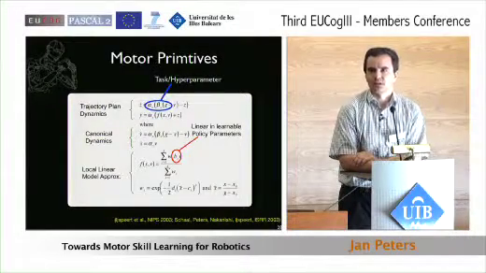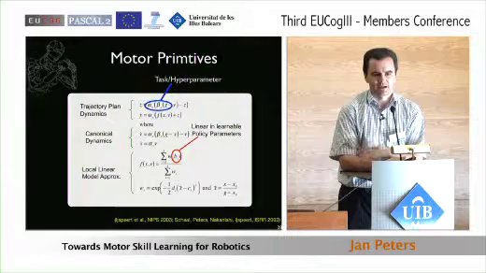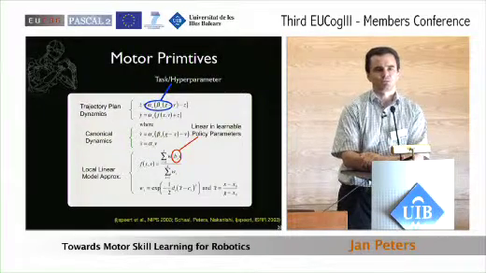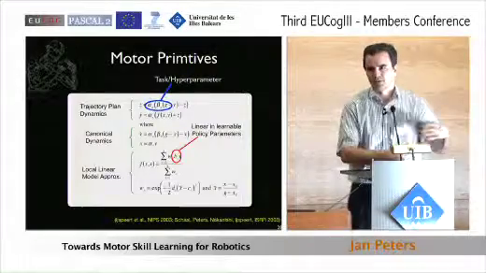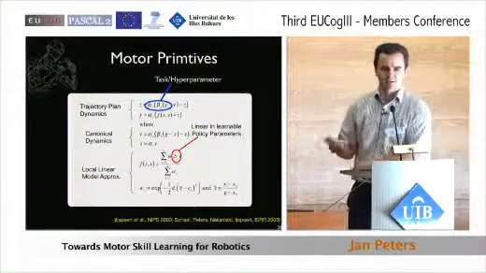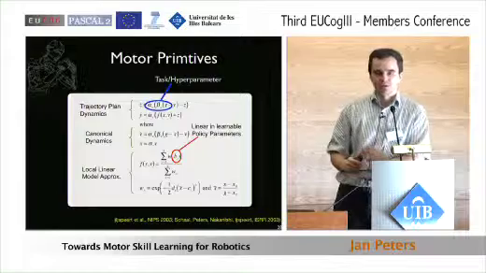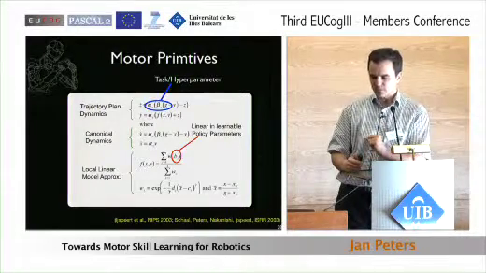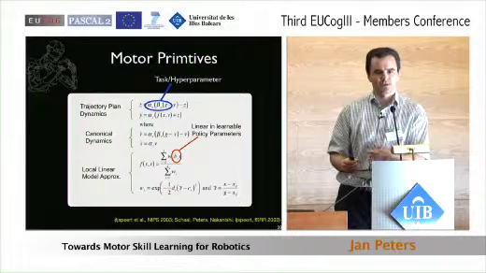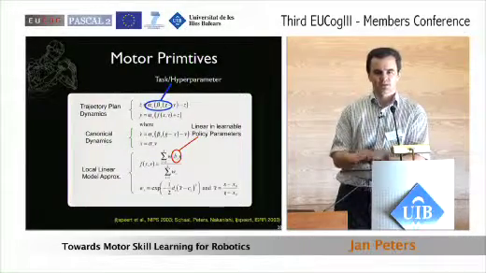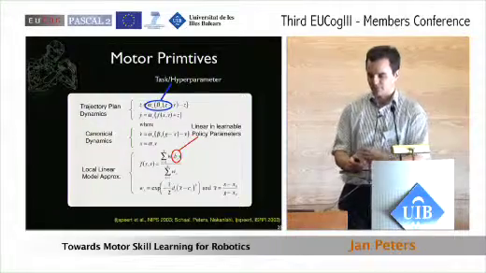So when you think about playing tennis, the shape parameters would tell you this is a forehand, this is a backhand, this is a smash, and maybe different kinds of forehands, backhands and smashes. While the task parameters would tell you the ball is coming in in this way, and hence you react in such and such a way.